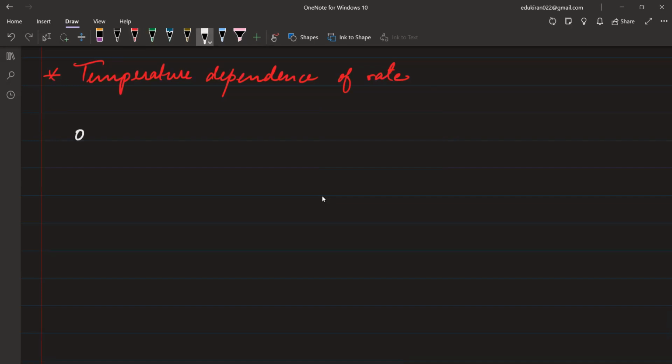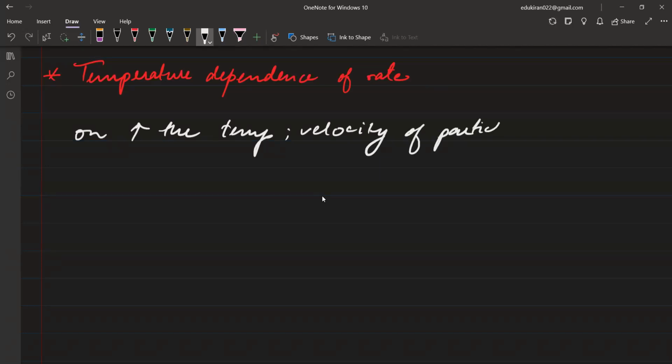On increasing the temperature, the velocity of particles will increase or decrease? If I increase the temperature of the container in which the reactant molecules are present, tell me whether the velocity of particles will increase, decrease or remain the same. Please tell me fast.